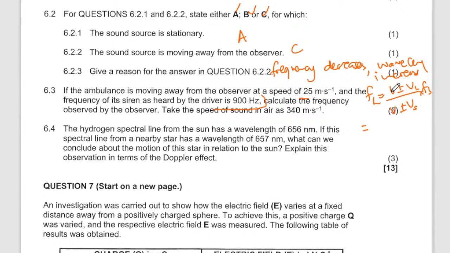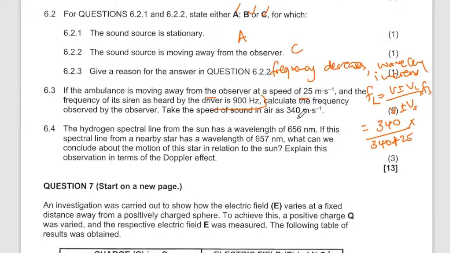Now, since the ambulance is moving away and the listener is stationary, that's 340 over 340 minus. Is it going to be minus or a plus? Because the ambulance is moving away at this speed, this has to be a plus, so that we have a smaller frequency.